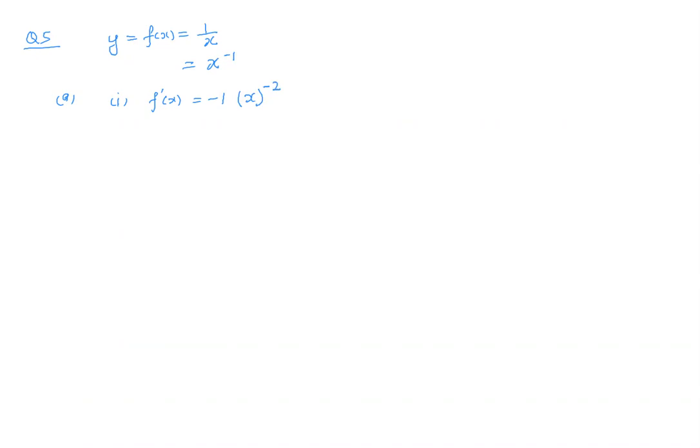So it's negative 1 over x squared. Okay, part 2. They want you to find the x-intercept. So in this case, we have to get the tangent first, then only we get the x-intercept.